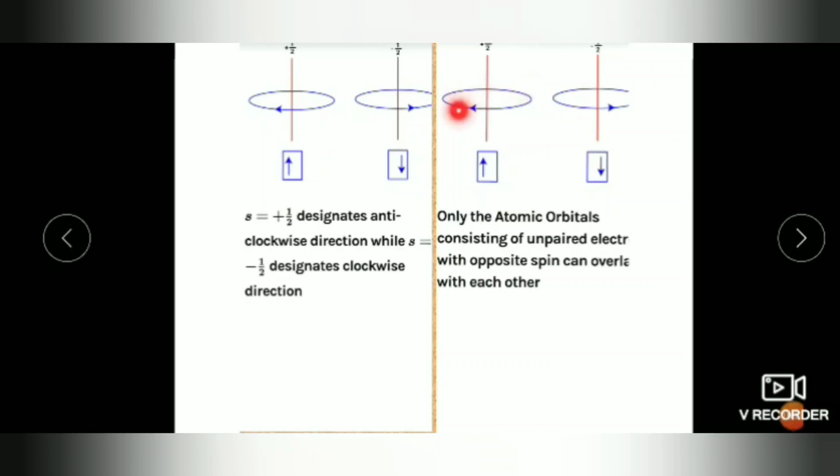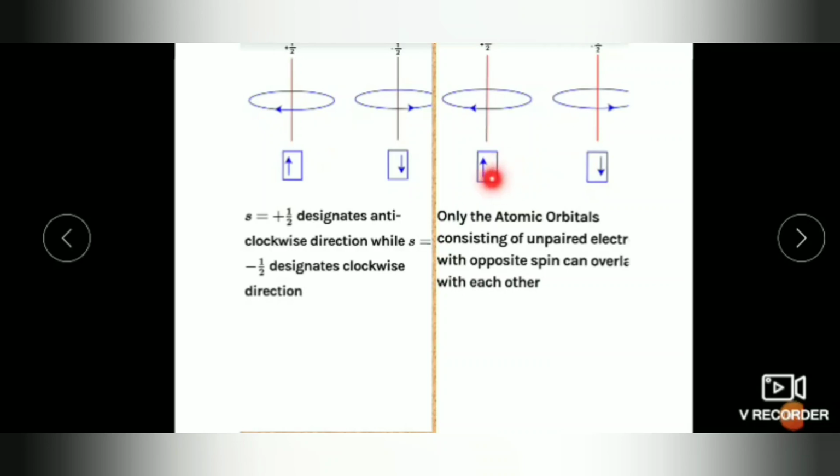Only atomic orbitals having unpaired electrons will overlap, and they must have opposite spin. It means one must contain positive and the other negative spin. These two will overlap. If both have positive spin, repulsion takes place and no bond formation occurs between these two orbitals.